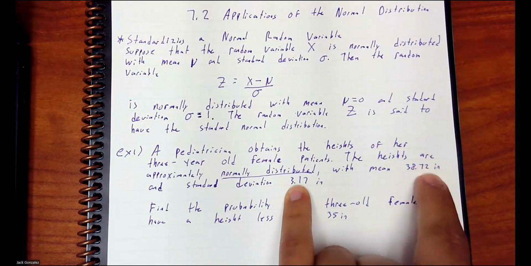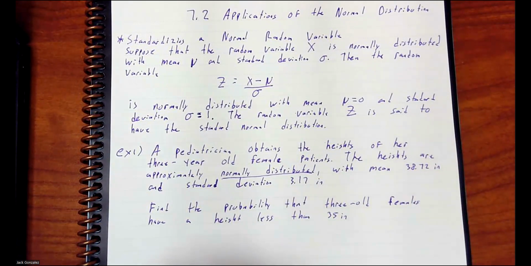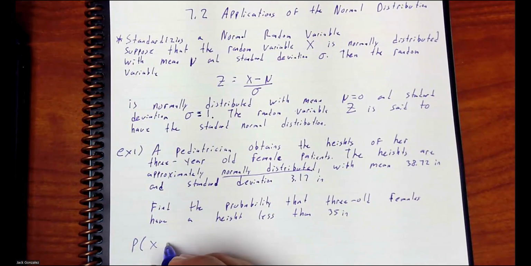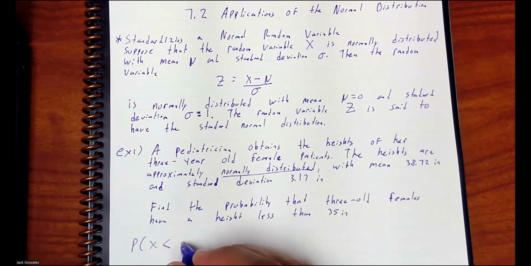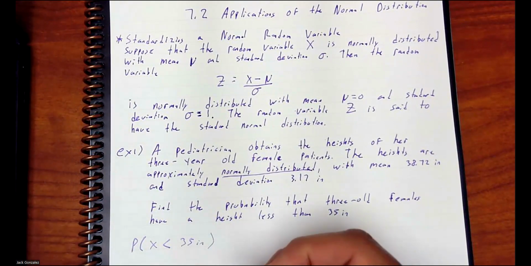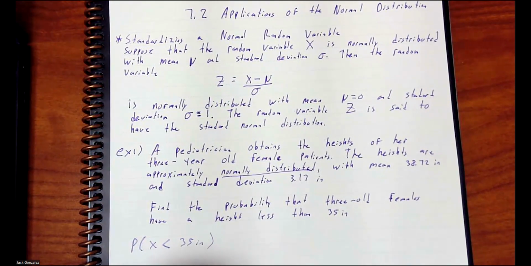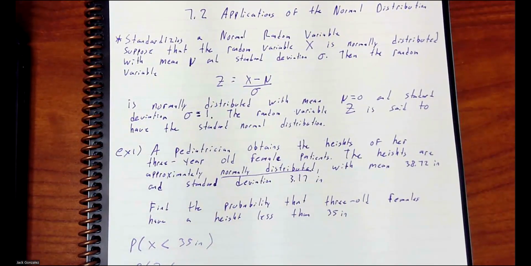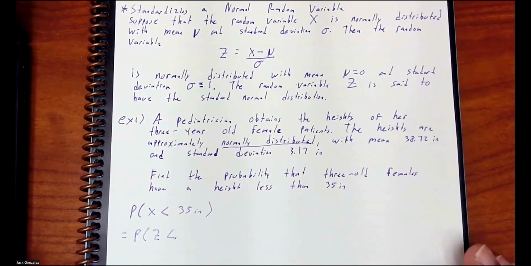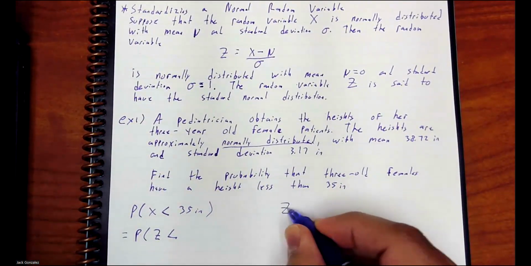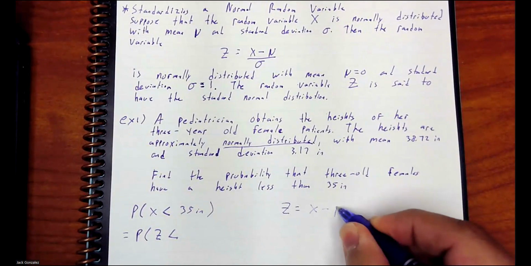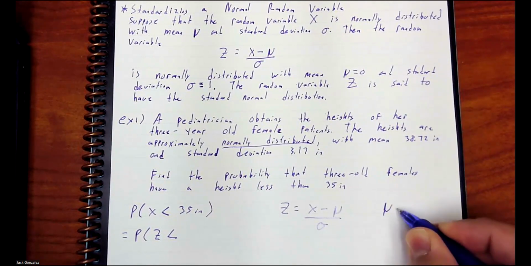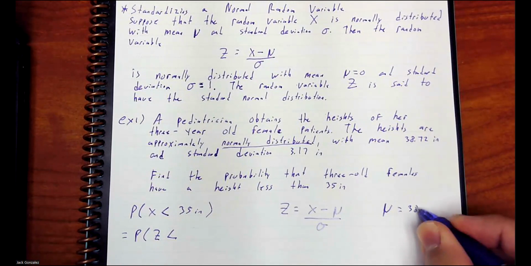The way I want you to think about it is you have some x value, in this case inches. You want to know what is the probability that it's less than 35. But you need to change that into a z. So z is equal to x minus your mean over sigma. Mu is equal to 38.72.